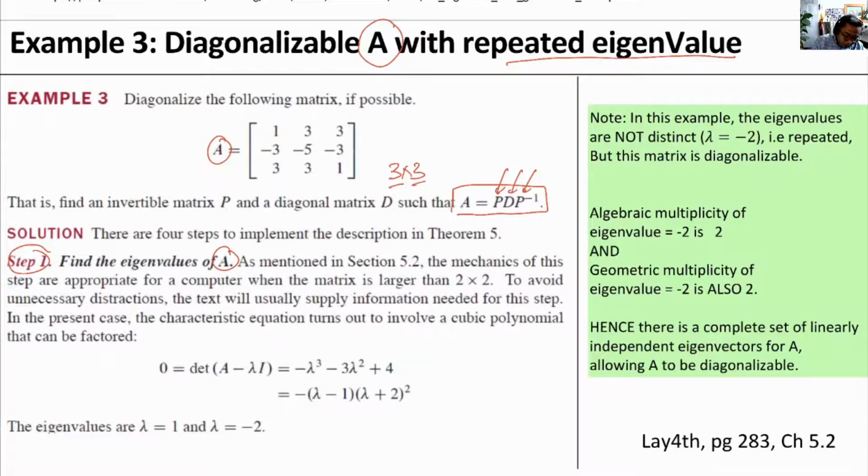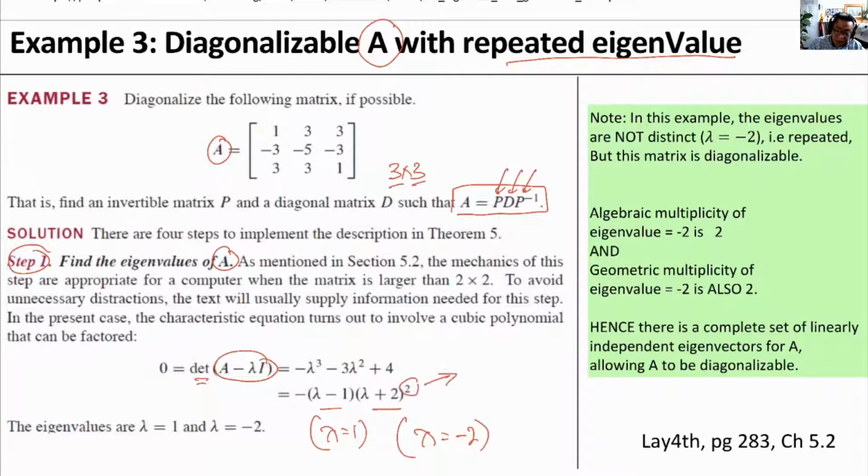Remember, we find the characteristic equation, we set the determinant of the characteristic equation to 0, and we solve for the eigenvalues through this factorization. Here, it is obvious that lambda equals 1 is an eigenvalue. Lambda equals minus 2 is also an eigenvalue.